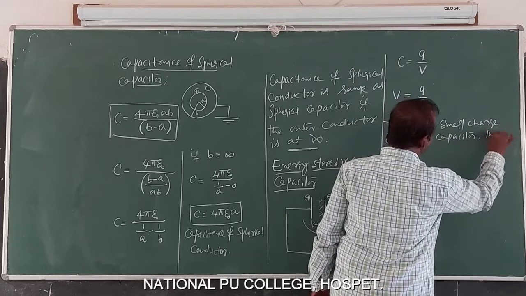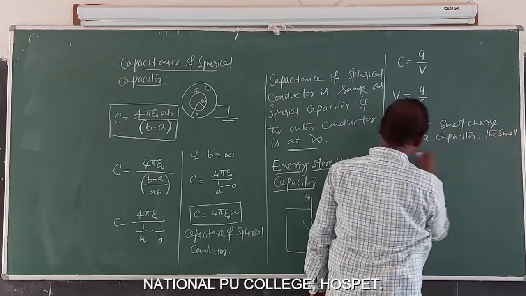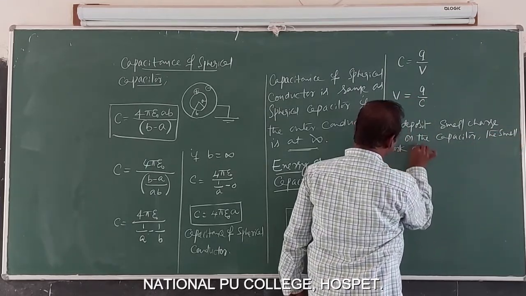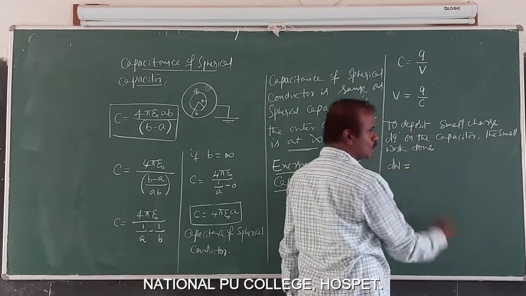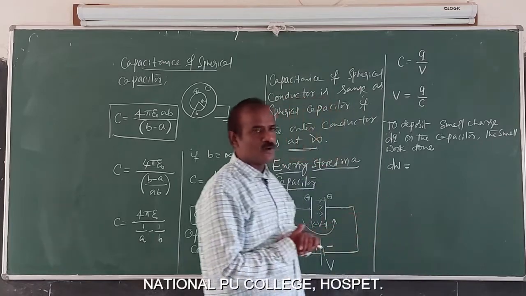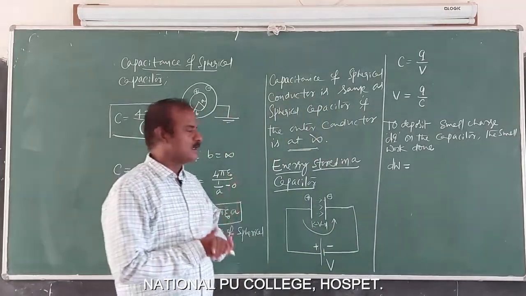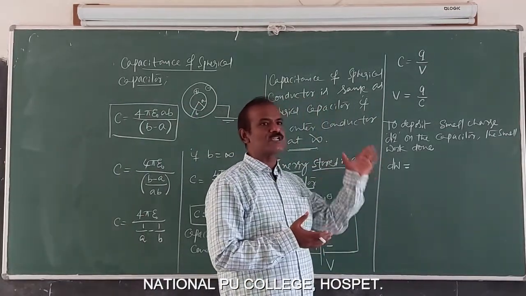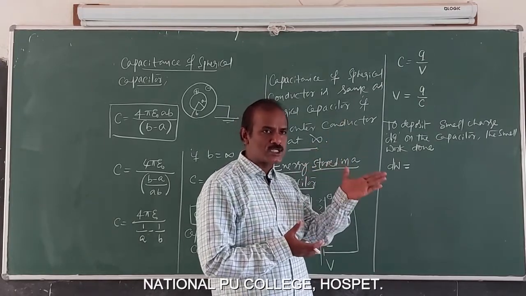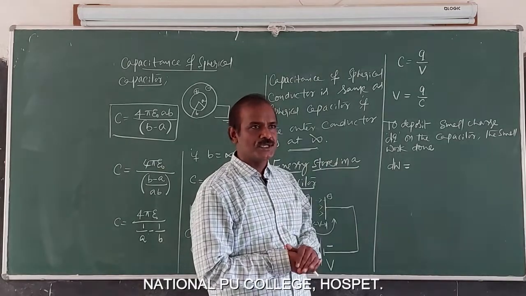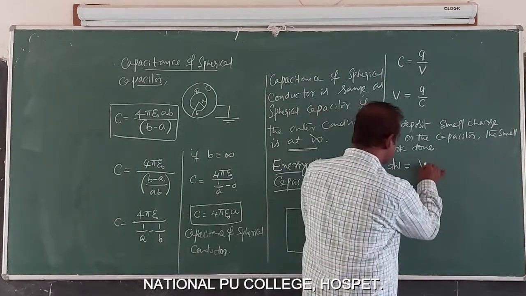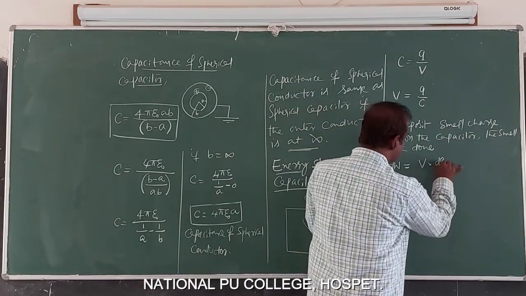The small work done dW is equal to, and you know the definition of work done with respect to potential, work done is equal to potential difference into charge transferred or charge deposited, is it not? Because potential difference is equal to work done per charge. Work done is equal to potential difference into the charge deposited, like this.